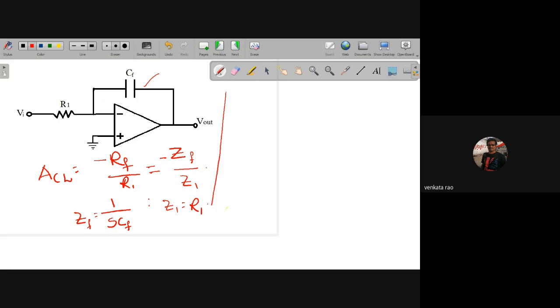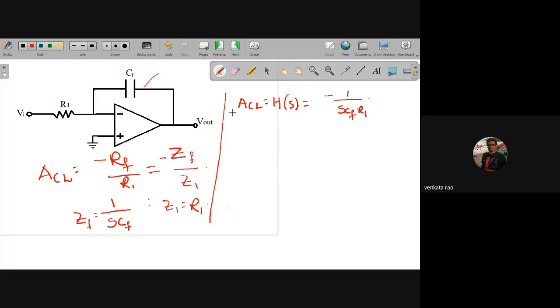So now it is closed loop gain. Also we call it the transfer function, H of S. It is equal to minus 1 by S CF R1.